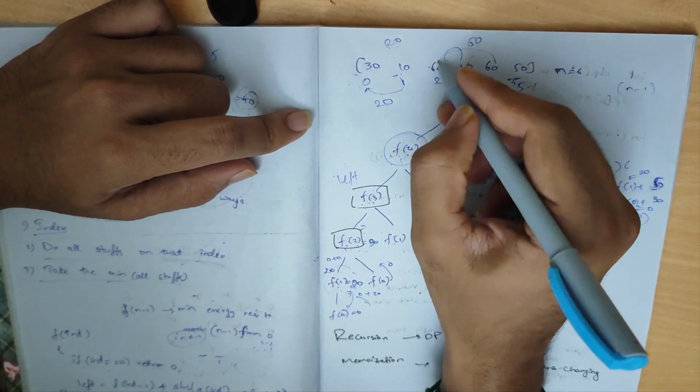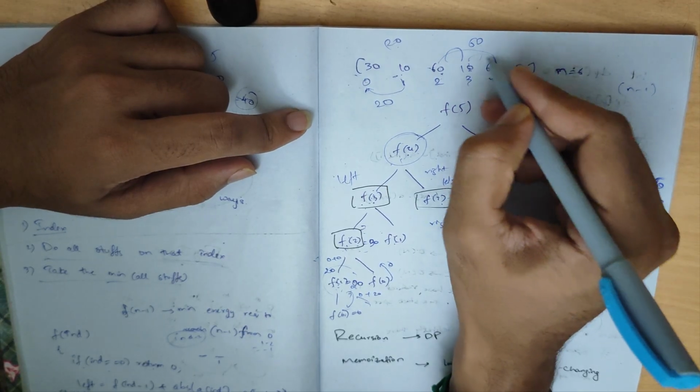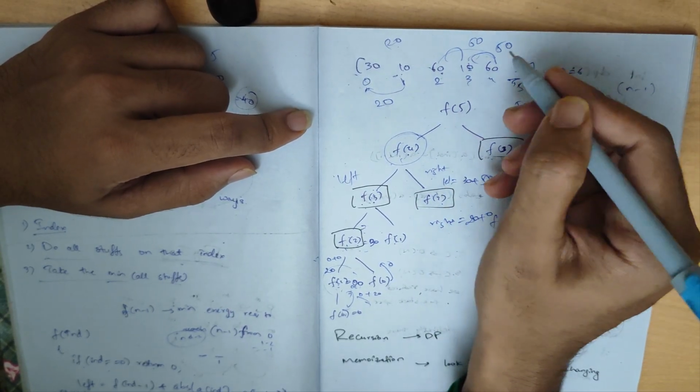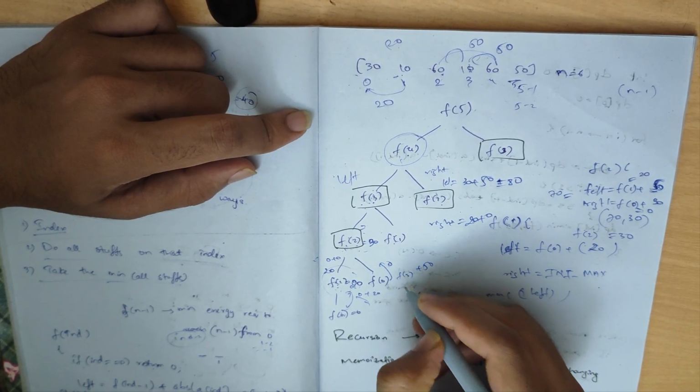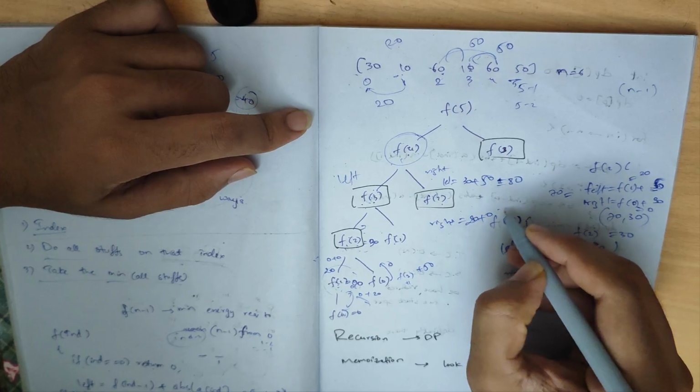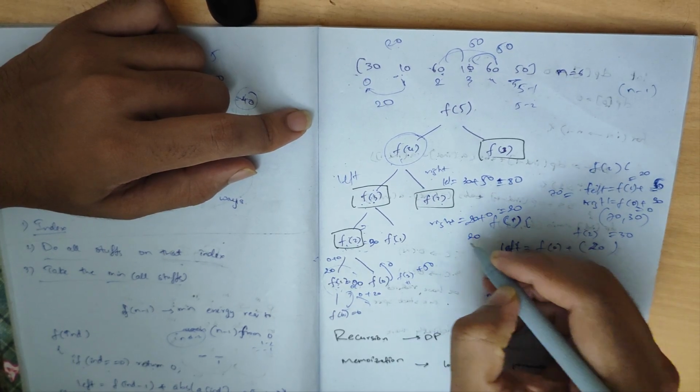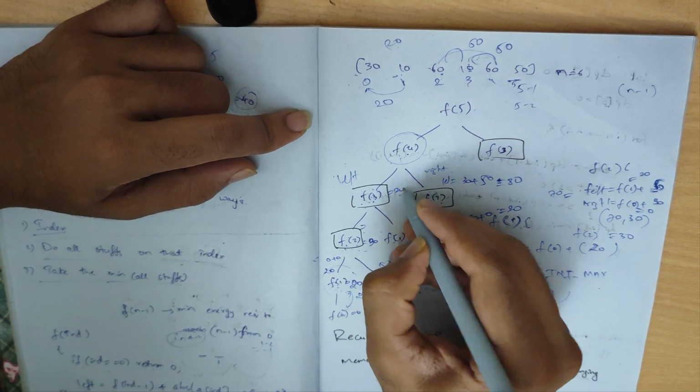The difference between f of 4 and f of 3 is 50, and 50 plus the f of 3 value, which we found to be 20, so 20 is the value of f of 3.